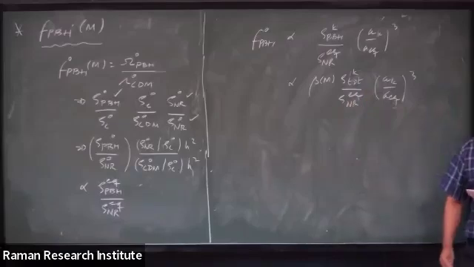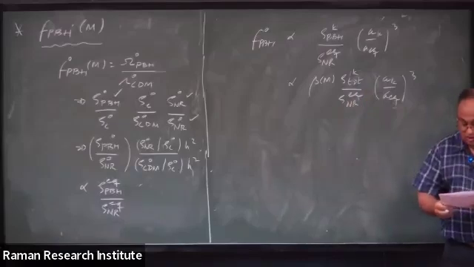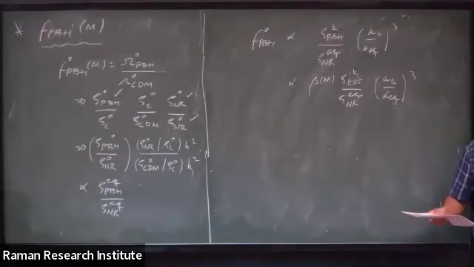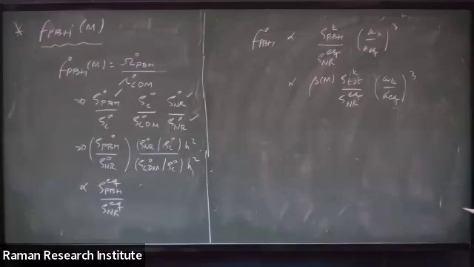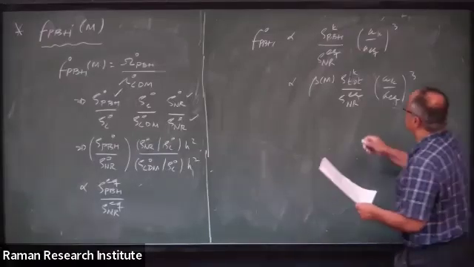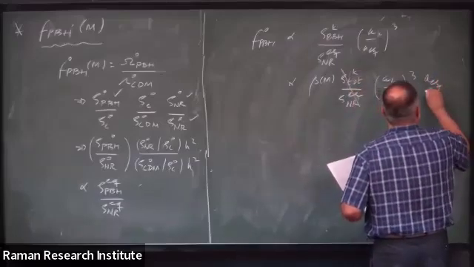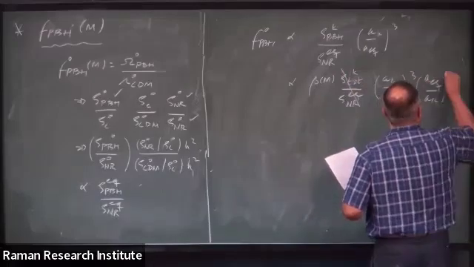Now, rho NR at equality is, modulo factors of 2, rho radiation at equality, rho R at equality. Correct? And therefore, I hope you understand, this is like a_equality by a_k to the power 4.